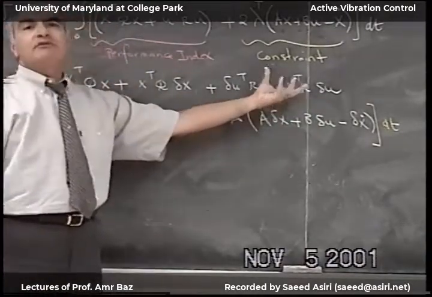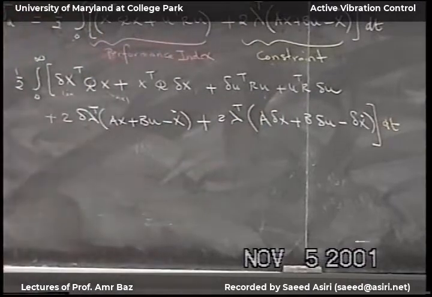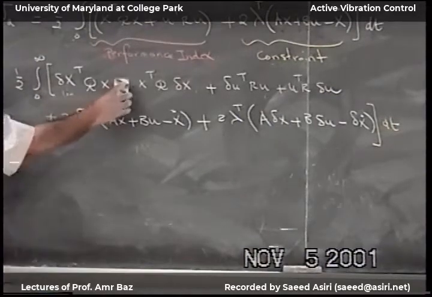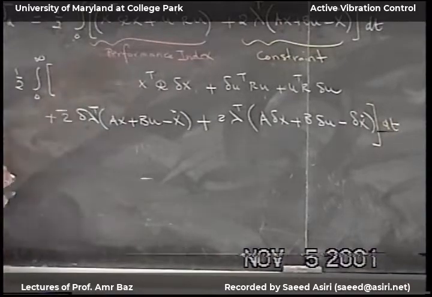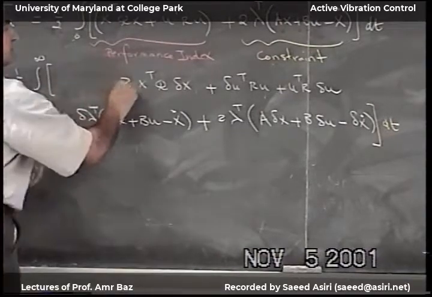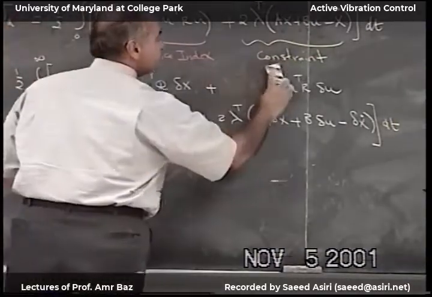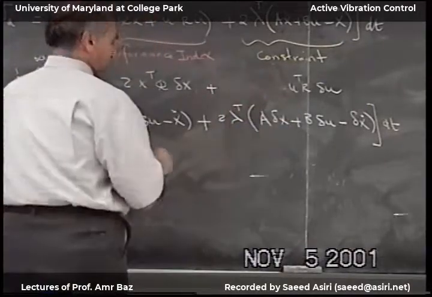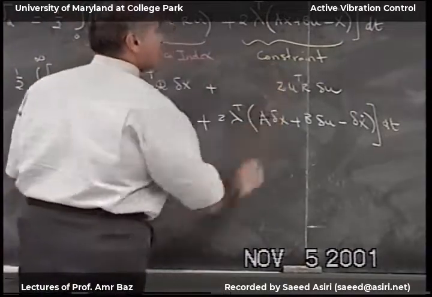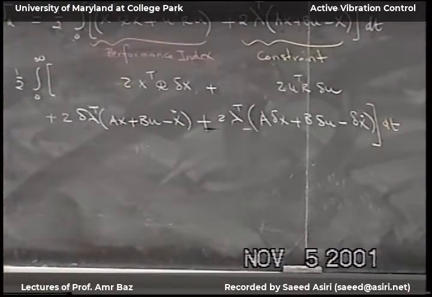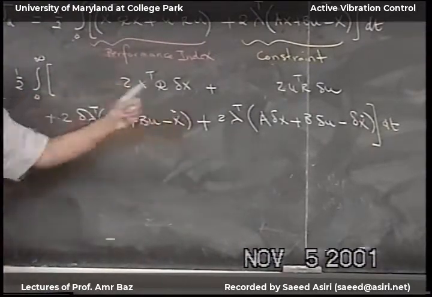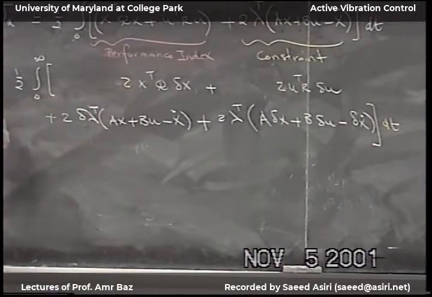Group these times 2. Okay, so now I'm going to take this out and multiply times 2. Take this out and multiply times 2. Now I don't need the 2 anymore, because I have 2, 2, 2, 2, and then 1/2. So I'm going to take all these out.